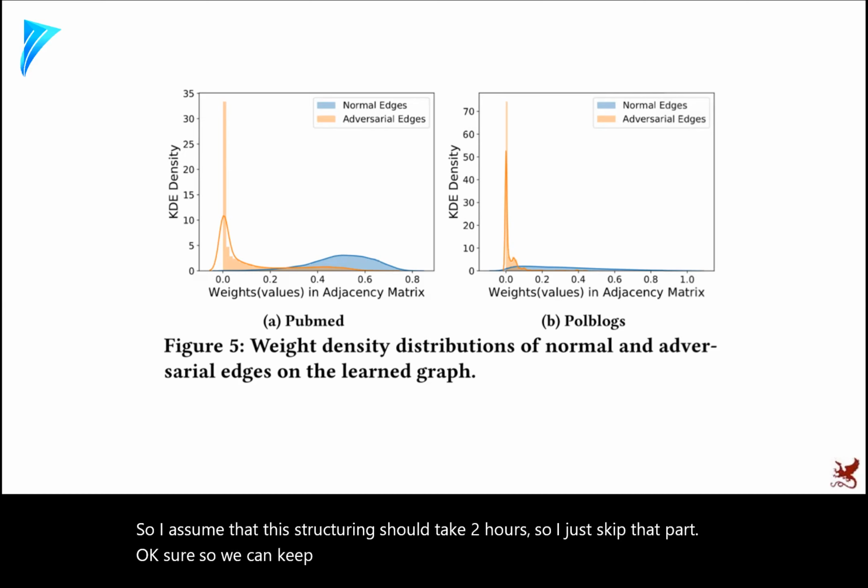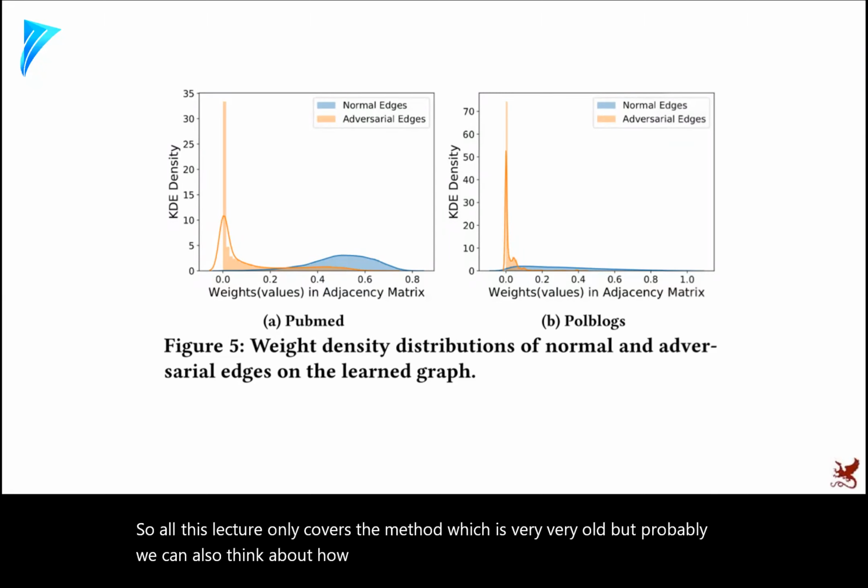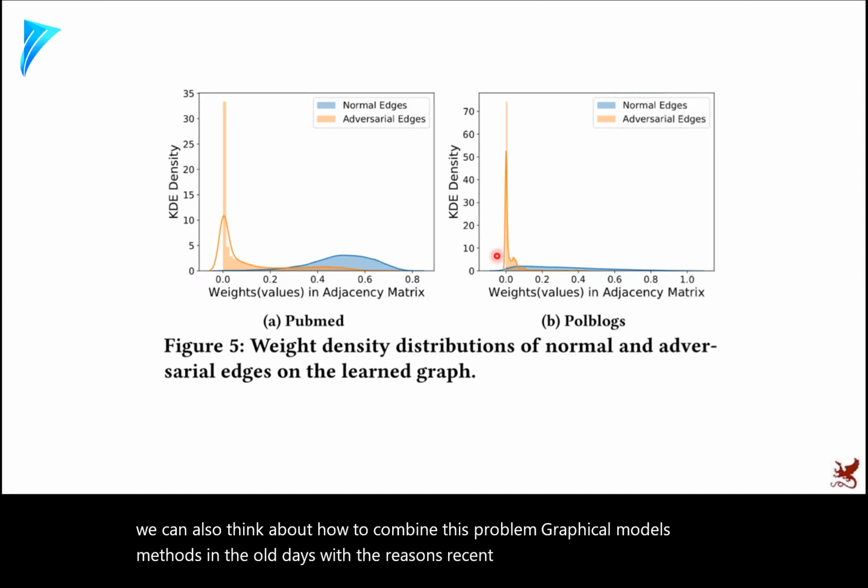I think structured learning is definitely very interesting. This lecture only covers methods which are very old, but probably we can think about how to combine these graphical model methods from the old days with recent deep learning methods. Right.